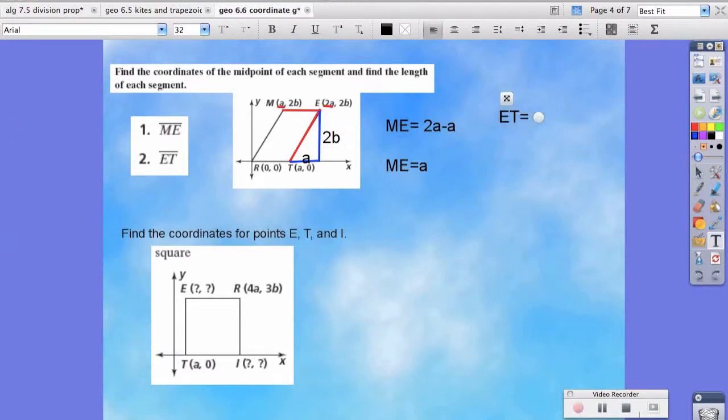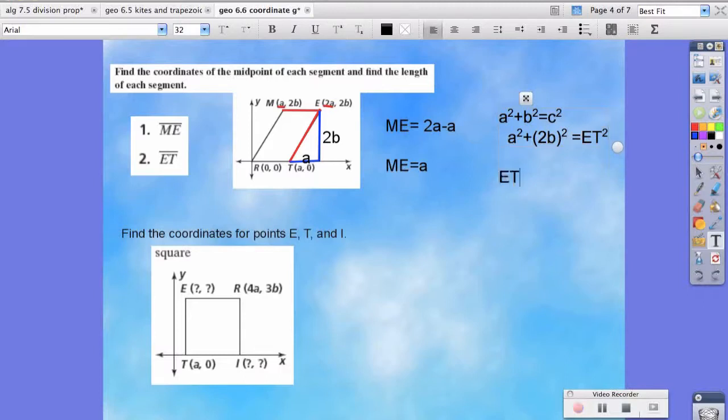So ET, if you think about it, is the Pythagorean theorem. So it's used to being A squared plus B squared equals C squared, where C is the hypotenuse. And because the hypotenuse in this instance is ET, then we have ET squared equals, and we know that our A is obviously A in this instance, so A squared plus 2B quantity squared equals ET squared.